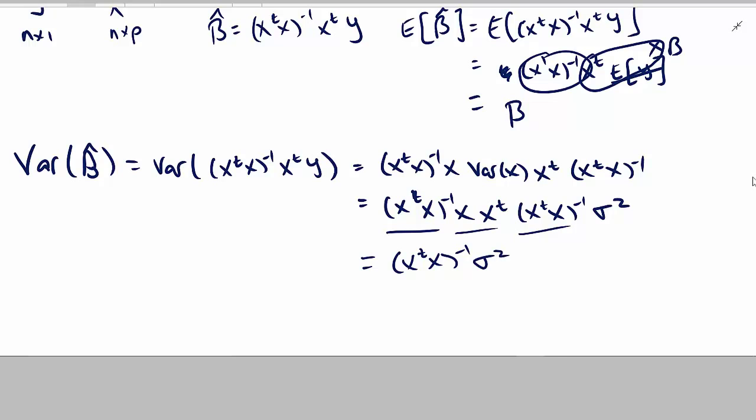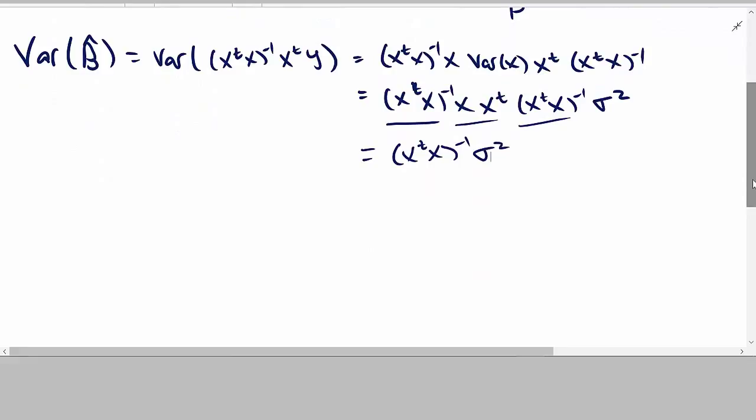A lot like our linear regression estimate, the variability of the regressor winds up being, in a matrix sense, in the denominator. This tells us that, just like in linear regression, in order to have the variance of our coefficient estimate be smaller, we want the variances of our x's to be larger.